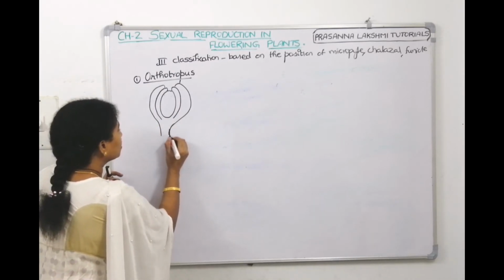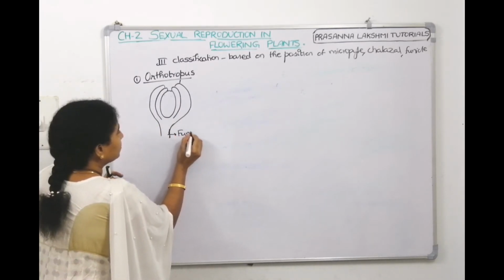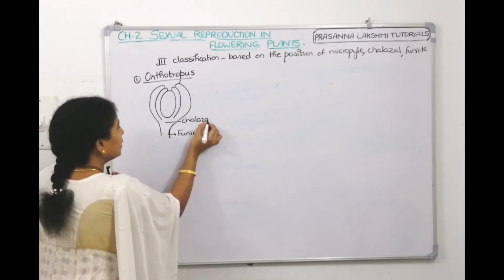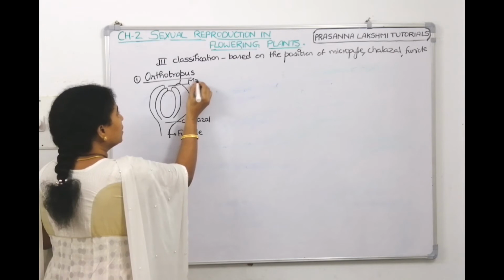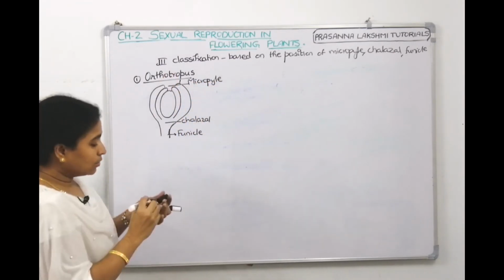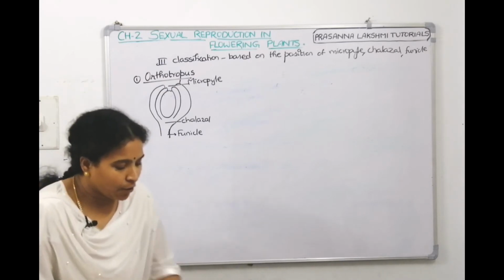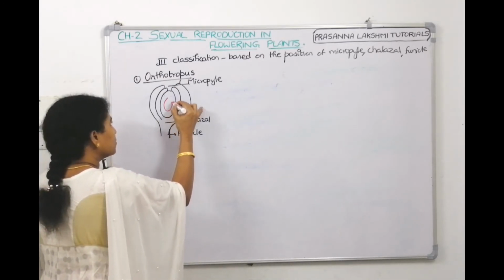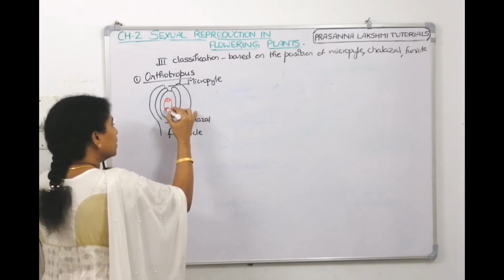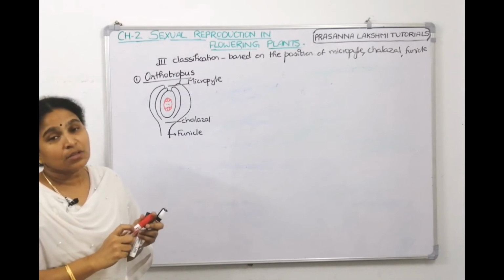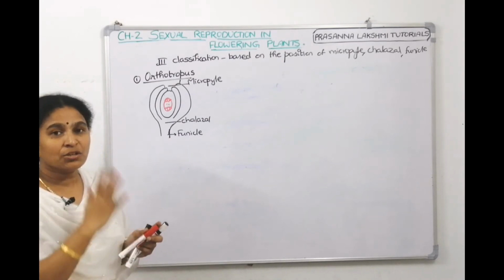This is the stalk. The stalk is funicle and the base is chalazal end and this end is called micropylar end. If all three are on the same plane, and inside the nucellus we know it has an embryo sac, 3 cells and 2 polar nuclei. So, if all three are on the same plane, then the rotation is 0.